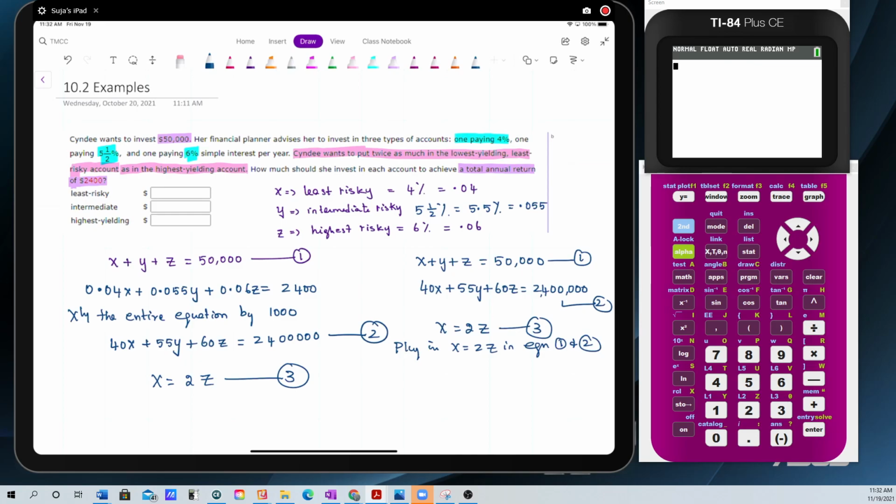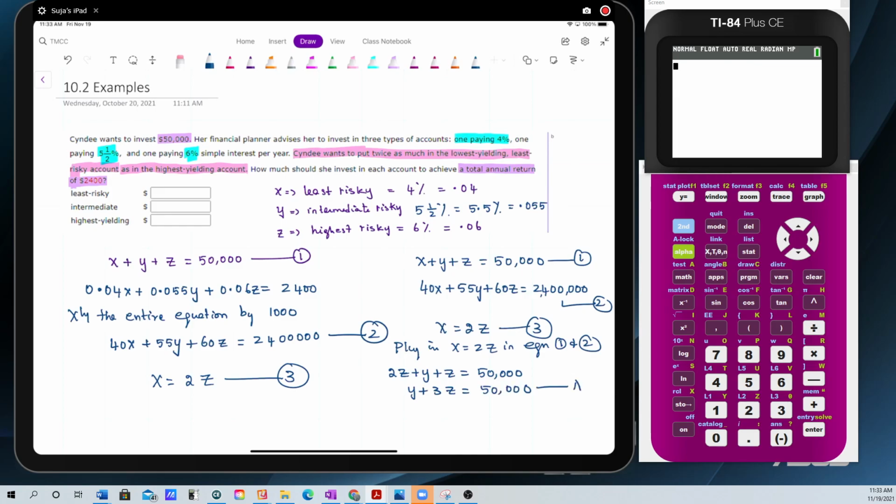In equation 1, when I plug it in, I'll have 2Z plus Y plus Z is equal to 50,000. Or I will end up with Y plus 3Z is equal to 50,000.